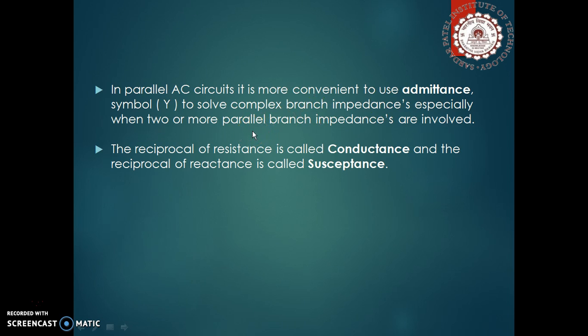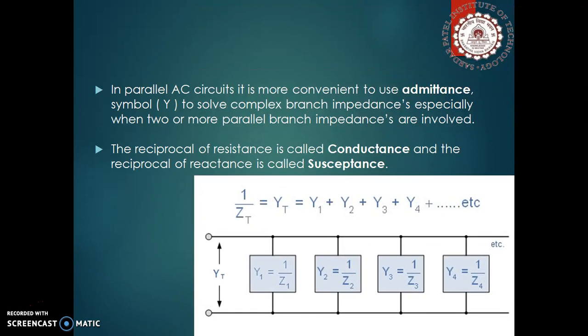So in parallel AC circuits, it is more convenient to use admittance, which is denoted by the symbol Y, to solve complex branch impedances, especially when two or more parallel branch impedances are involved. The reciprocal of resistance is called conductance and the reciprocal of reactance is called susceptance, and obviously the reciprocal of impedance is called admittance.